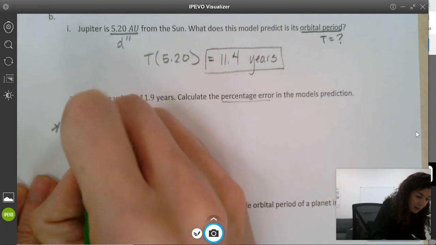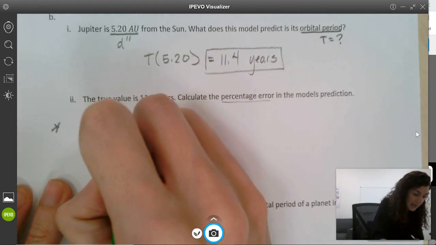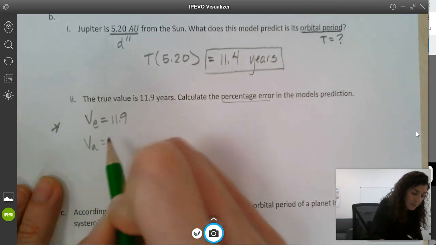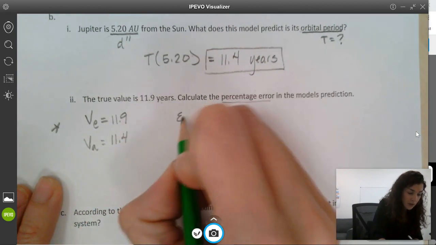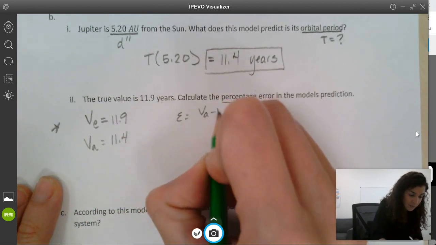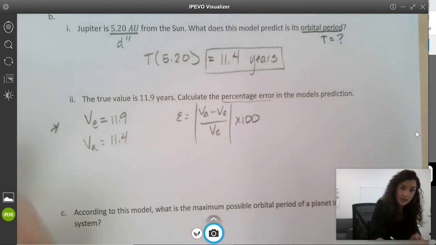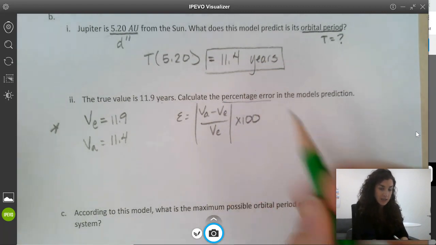11.9 is our true value. In other words, E for exact. 11.9 is our exact value. Our model predicted the orbital time, so it was approximated at 11.4. The formula for percentage error is this, where you subtract the 2 in the numerator and then divide by your exact value.